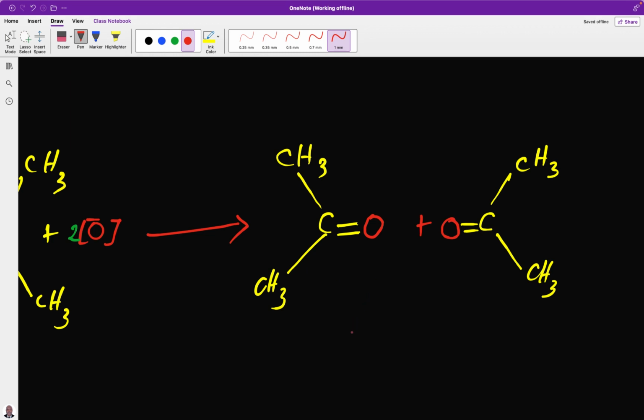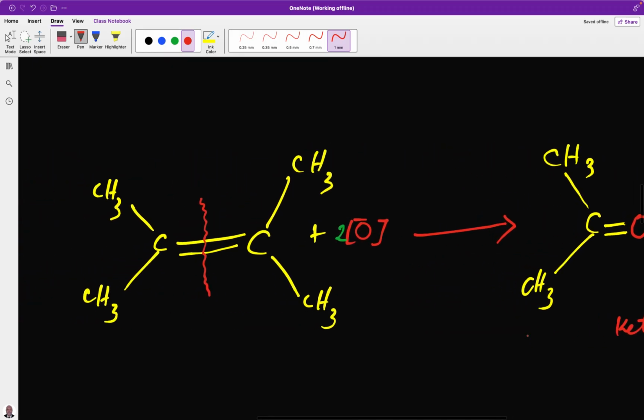So they are ketones. There are two molecules of propanone.